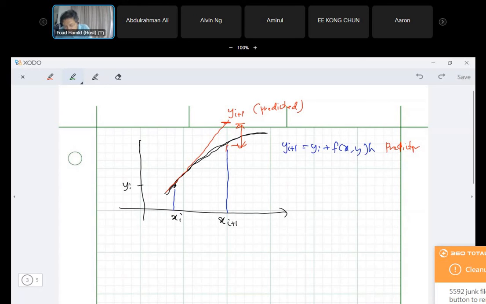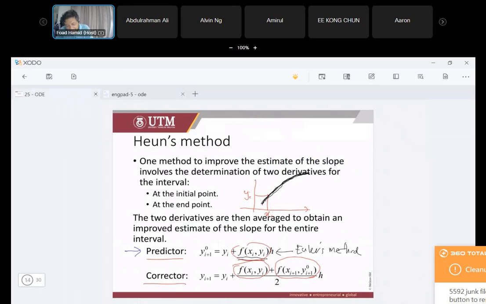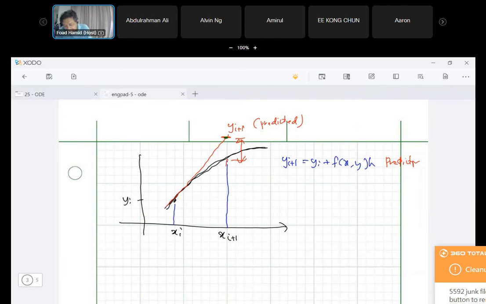I know this is my predicted value. So the second thing to do is to make a correction at the predicted value. So this is the corrector. I need to find the slope here.